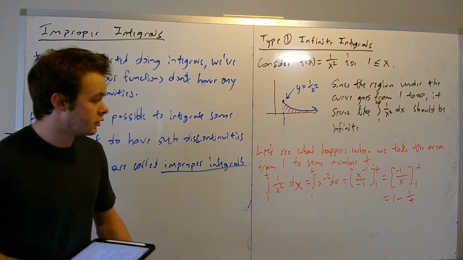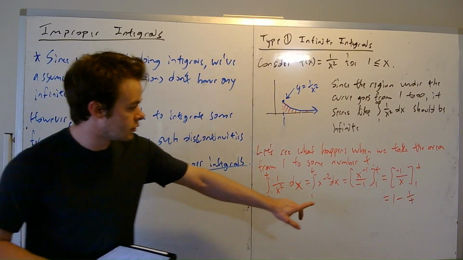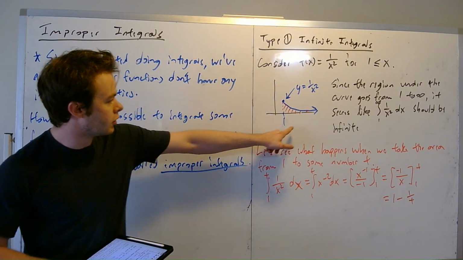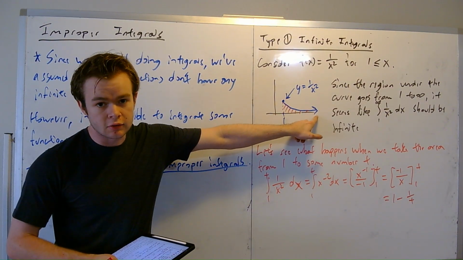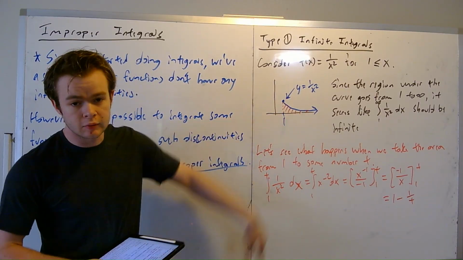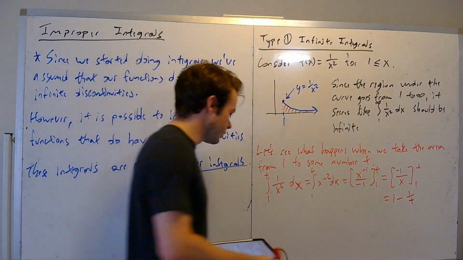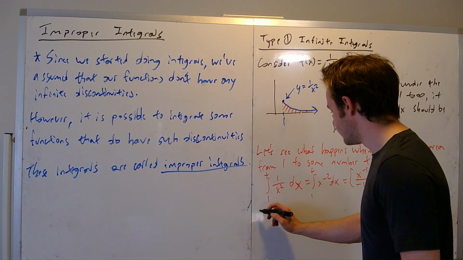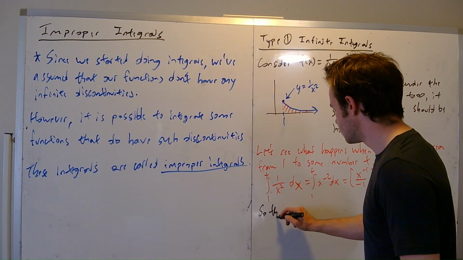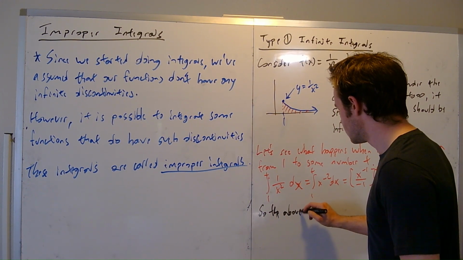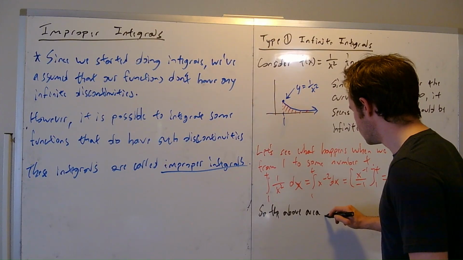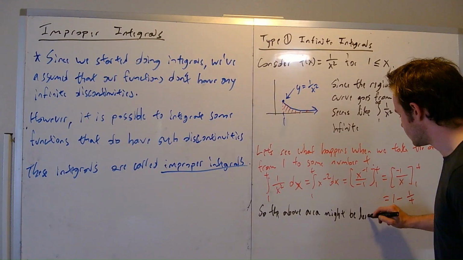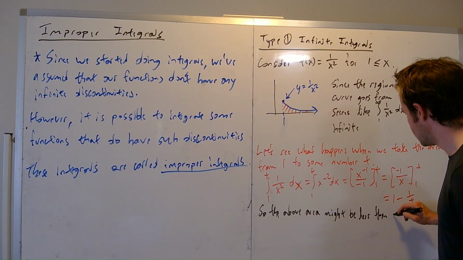Okay, so you look at your answer there, and the answer is that this area is actually less than 1. Right, so the area between 1 and just any number you pick out here, the area under the curve is going to be less than 1. So the above area might be less than 1, right?